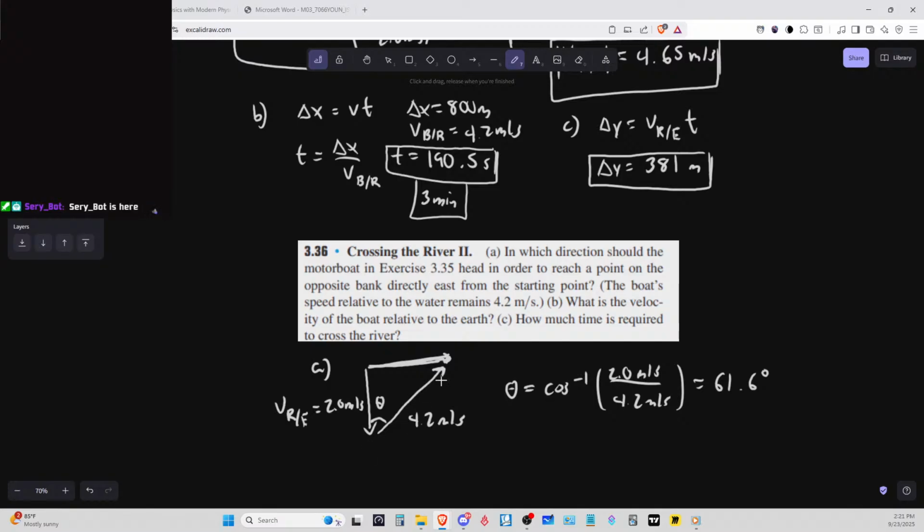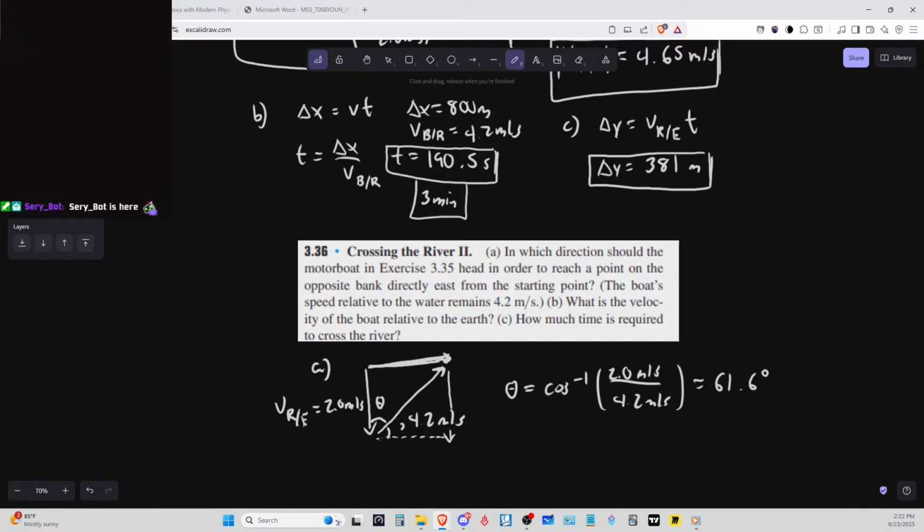If it were to start from here and try to get to the other side, then again, technically it's the same way if you start from here. You just want to get to this side, dot dot dot dot dot, and the river's still flowing this way. So you want to get to this side, but you have to go here, so this angle might not be it.